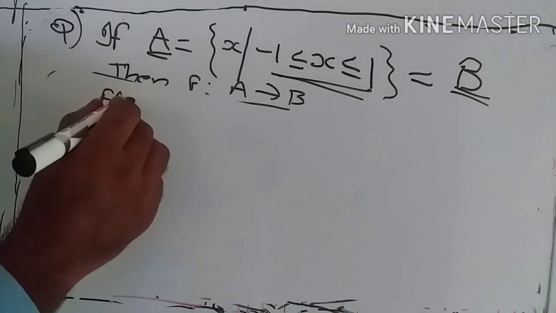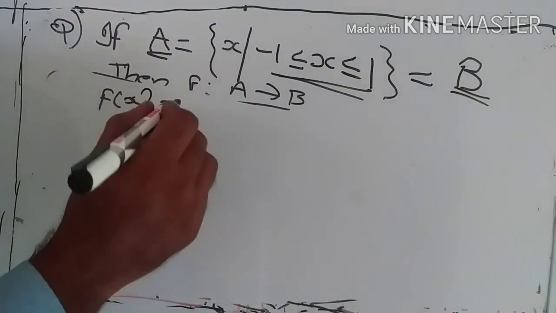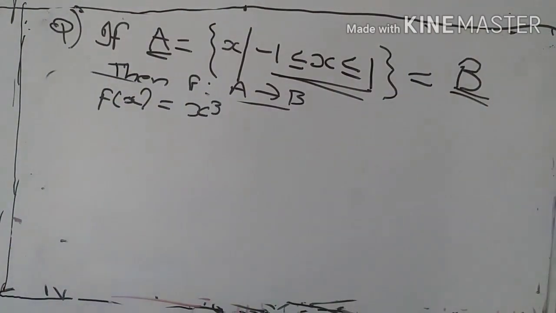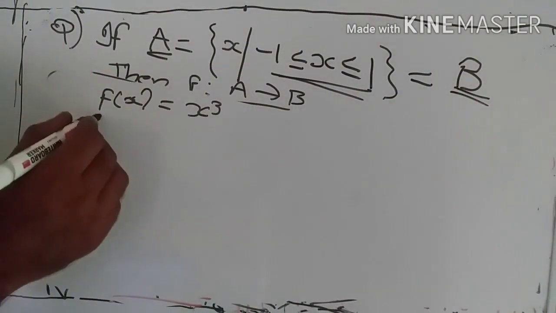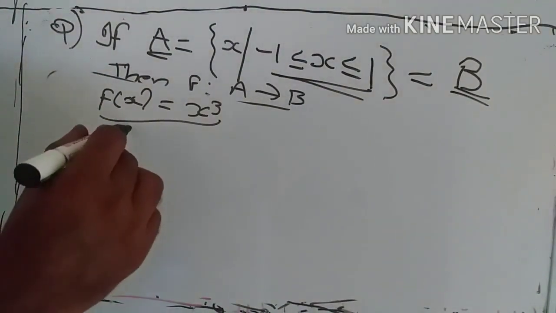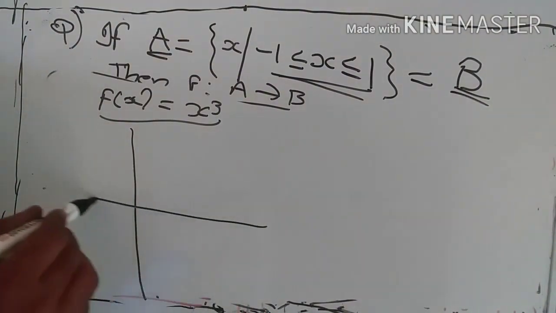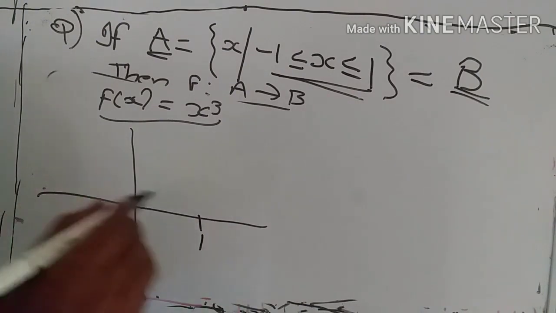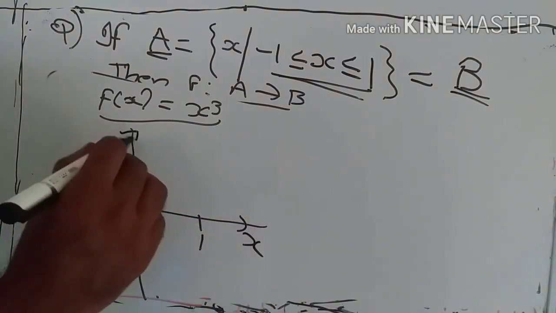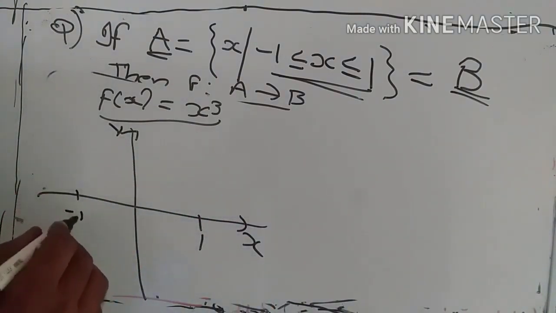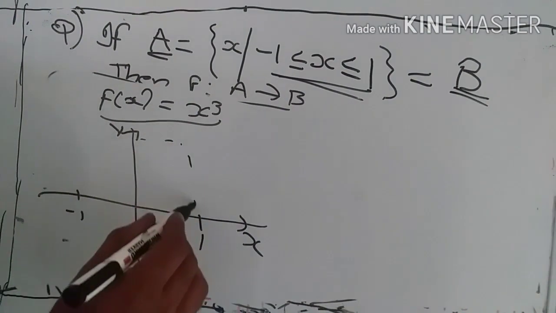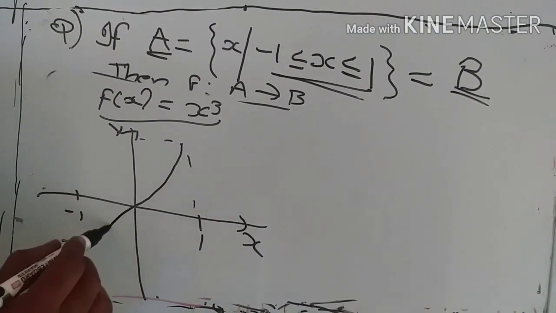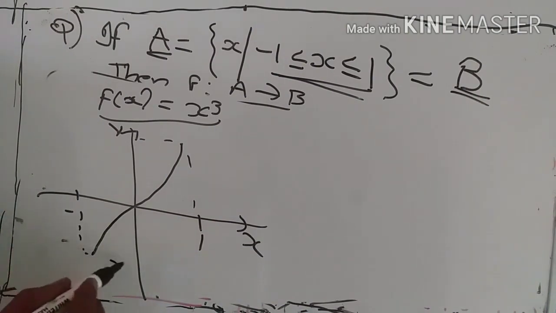f of x is equal to x cube. The same question, just with the function f of x equal to x cube. Now draw the graph in the interval -1 to 1. When x is equal to 1, this becomes 1, and at x equal to -1, it is -1.